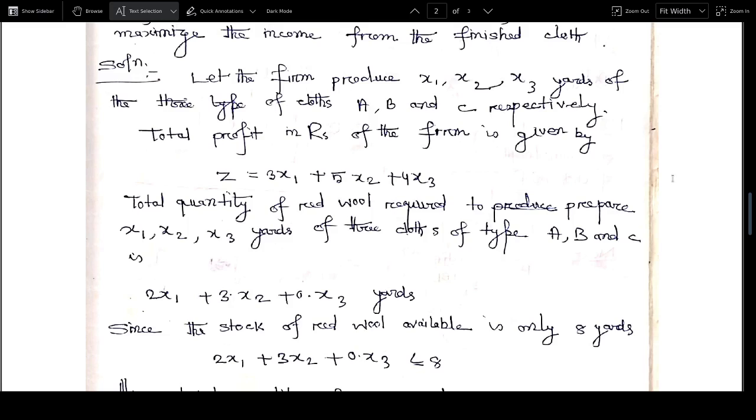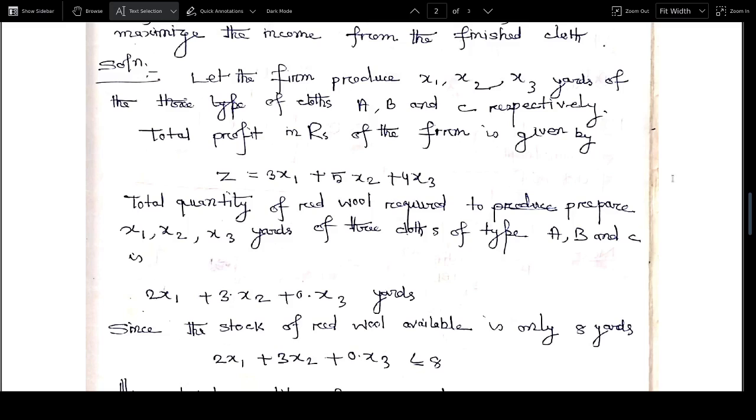Therefore, next we need the constraints. The constraints are: the total quantity of red wool required to prepare x1, x2, x3 units of the cloth of types A, B, C. This will be 2x1 plus 3x2, and 0 into x3.